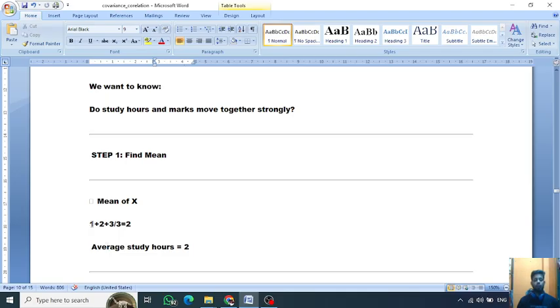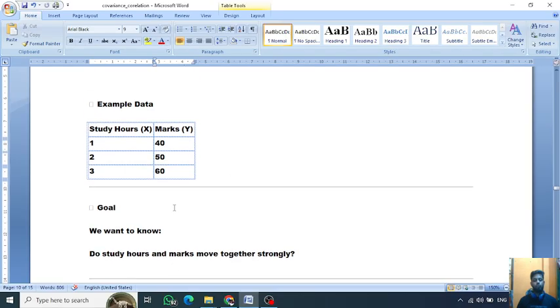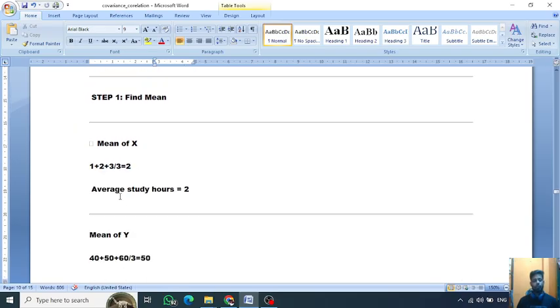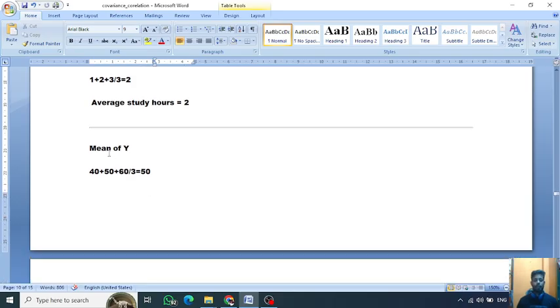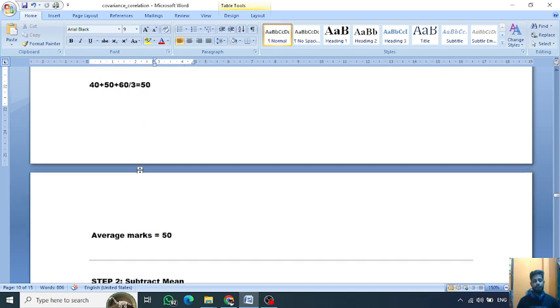Sum of hours 1, 2, 3 divided by 3 is 2. The x column is study hours and the y column is marks. Similarly for the marks, the mean of y is 50.